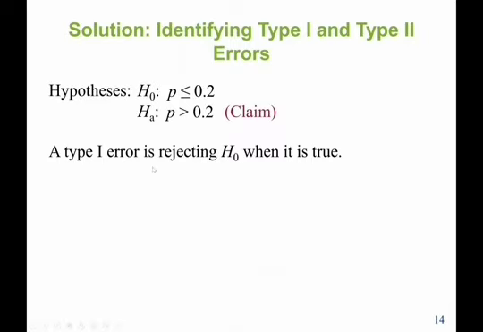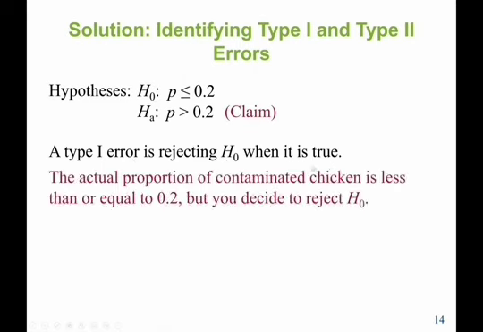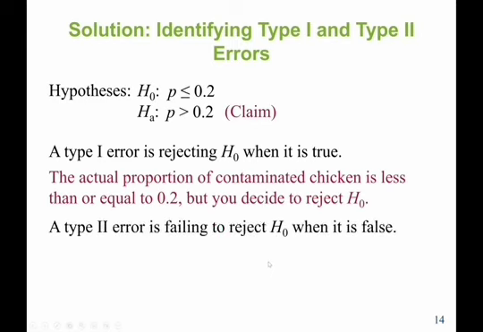Type 1 error is when we reject H0 when it's actually true. Here, the actual proportion of contaminated chicken is less than or equal to 0.2, but we decided to reject H0.